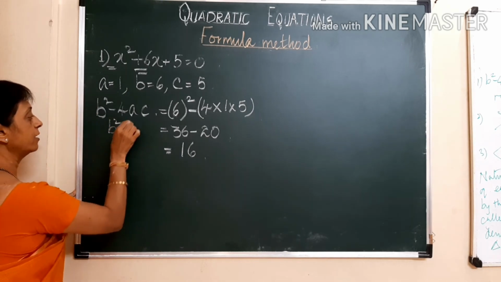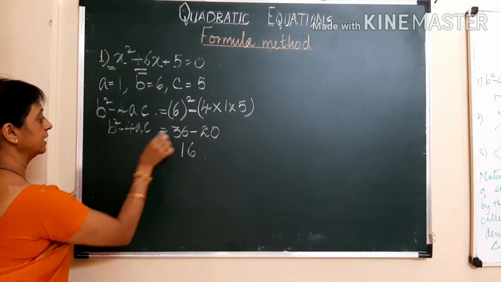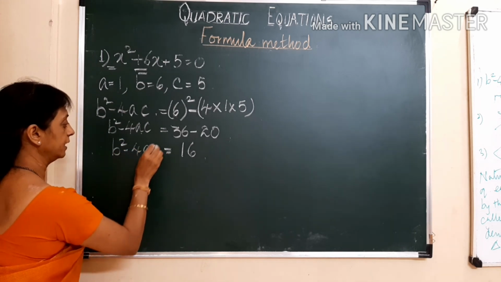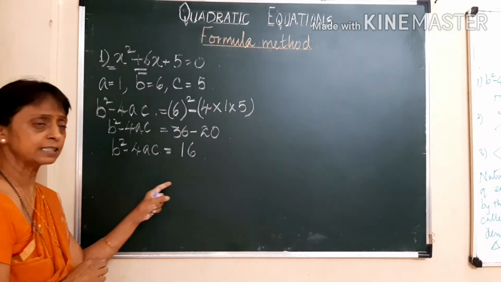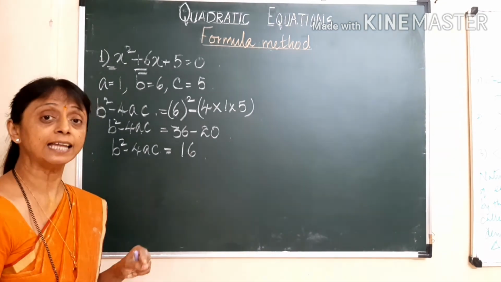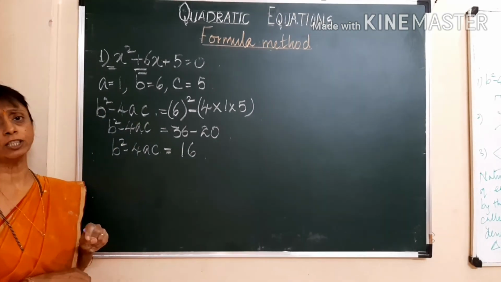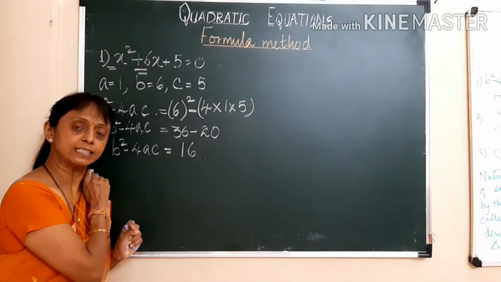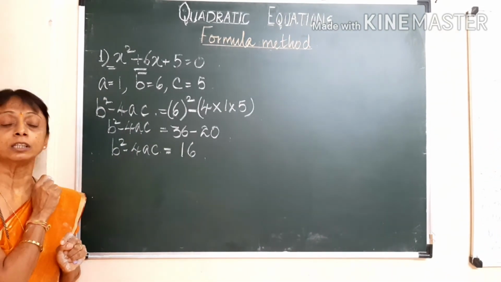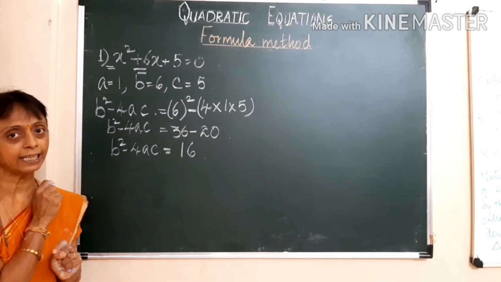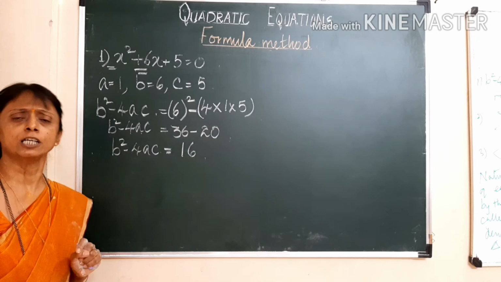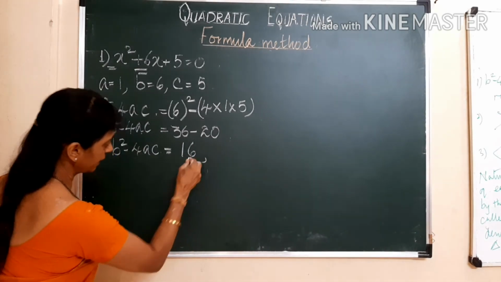So b square minus 4ac is equal to 16. So what is the value of this discriminant? It is greater than 0. So what is the nature of the roots of the given quadratic equation? As b square minus 4ac is greater than 0, the nature of the roots of the given quadratic equation will be real and unequal. So let's proceed children.